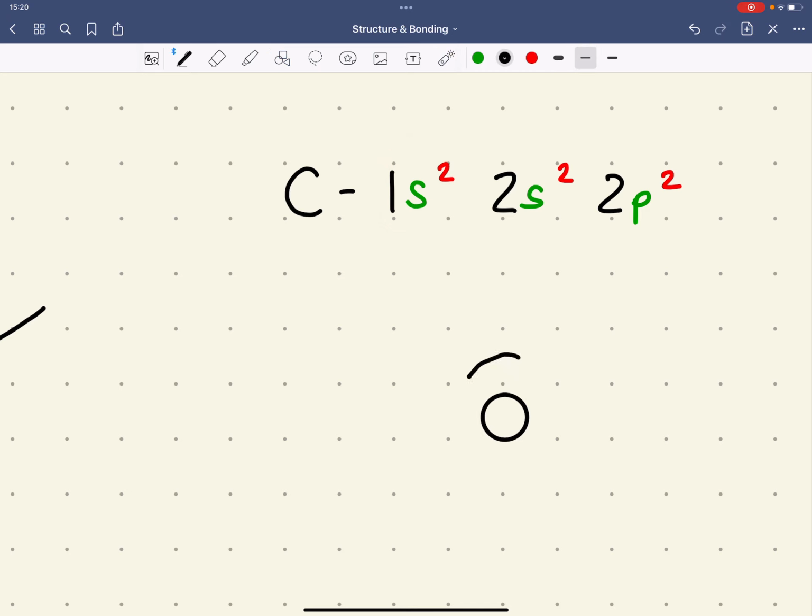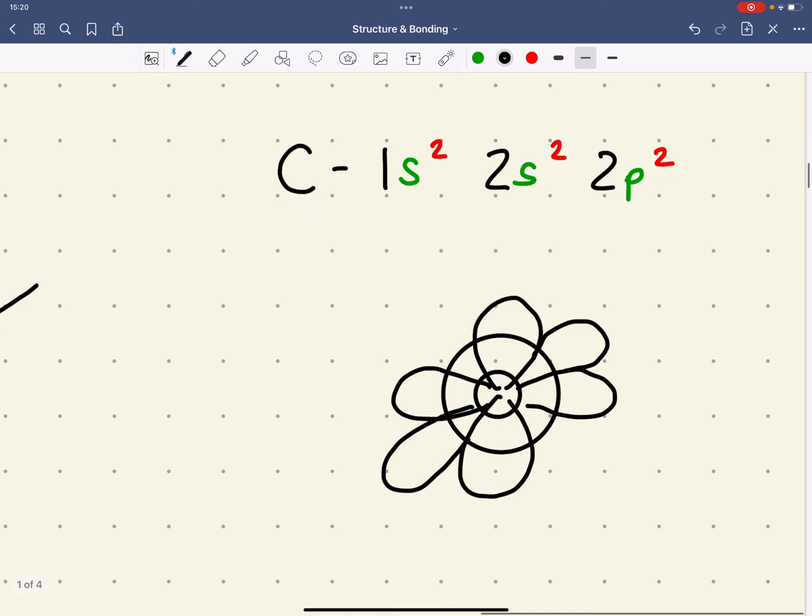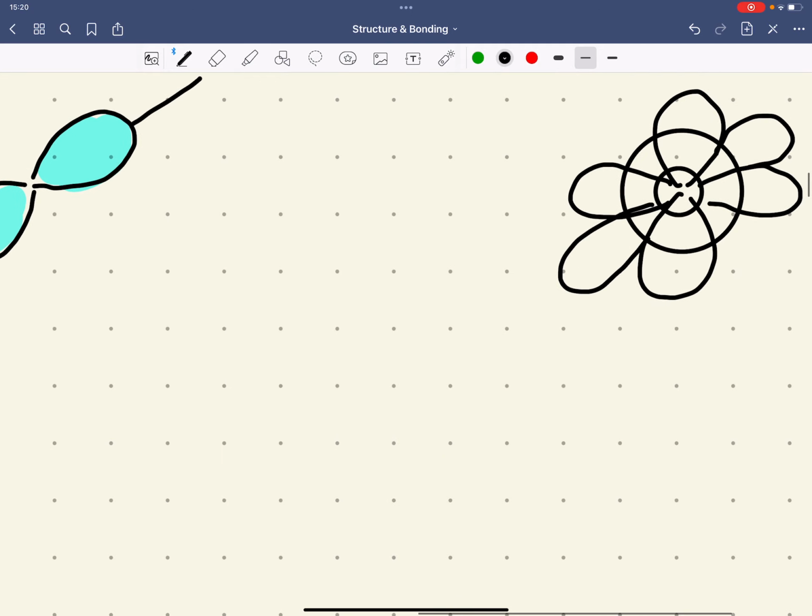I've got a 2s orbital, which is where these 2 electrons could be found, and then I've got a py, a px, and a pz orbitals.